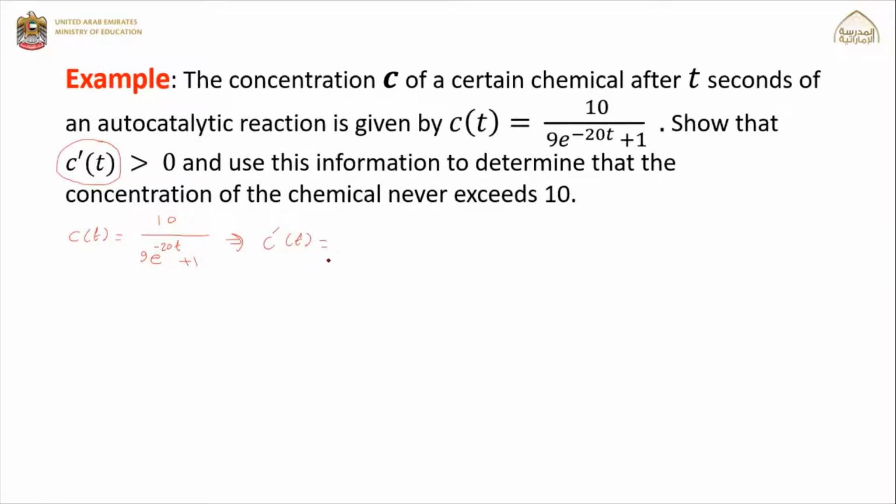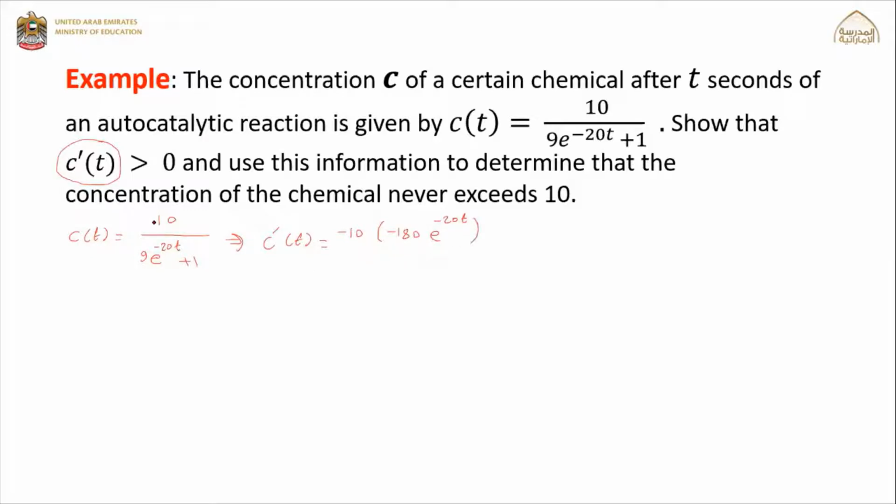I will use the rule for constant over function, which is negative of the constant, so minus 10, times the derivative of the denominator, which is 9e to the power minus 20t. The derivative of minus 20t is minus 20, times 9 is minus 180, e to the power minus 20t, and the derivative of plus 1 is 0.